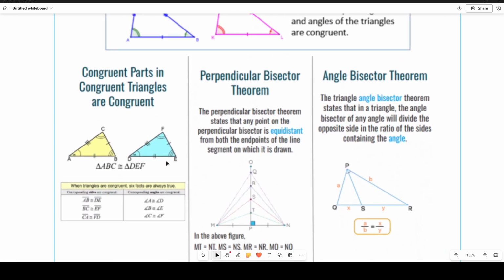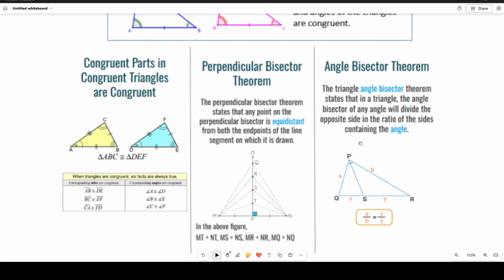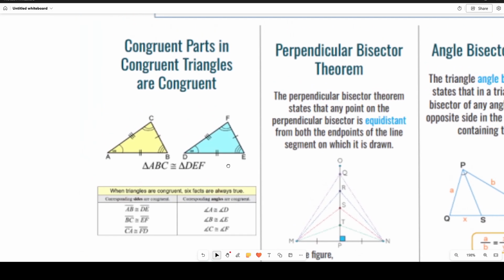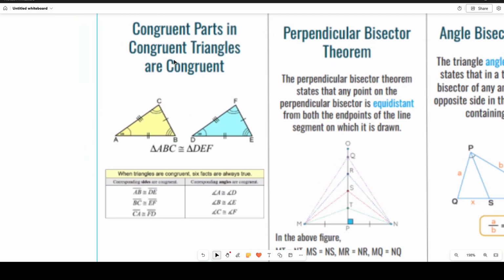Down here, we've already covered these. These are just theorems that help us whenever we're trying to do proofs or see if two triangles are actually congruent to each other. The first one is CPCTC. So congruent parts in congruent triangles are congruent. We can see that here, so let's say this is angle 2 because it has two tick marks. This matches here.